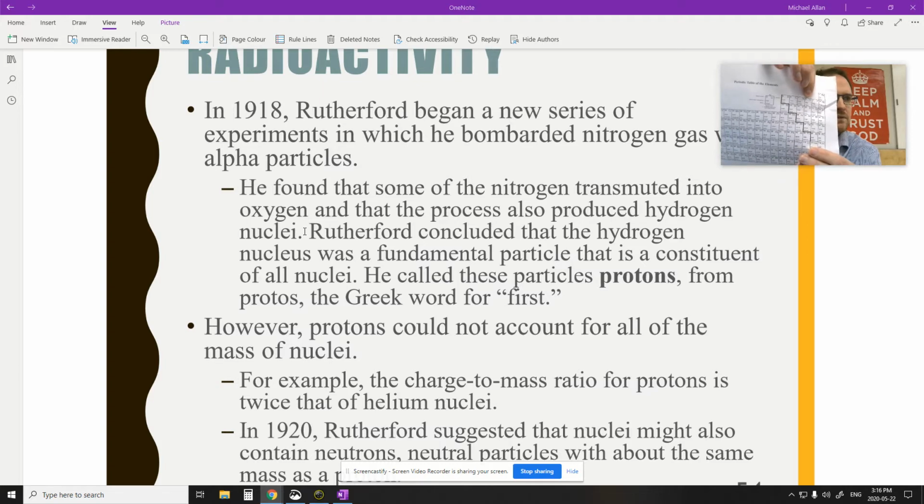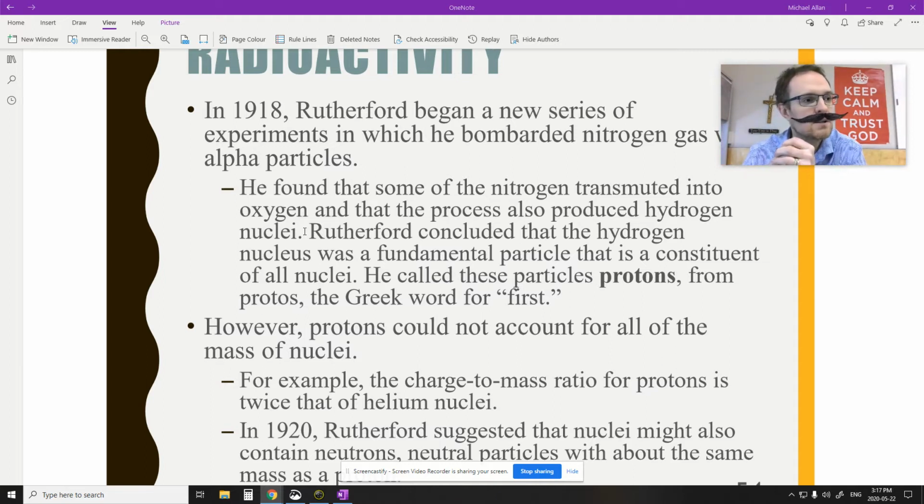So he found that nitrogen transmutes into oxygen, and the process produced, well, actually probably go the other way around. Oxygen transmutes into nitrogen, whatever it does. It kept on producing these helium or hydrogen atoms, these hydrogen nuclei, I should say, not atoms. Because remember, an atom has electrons, a nucleus does not have electrons.